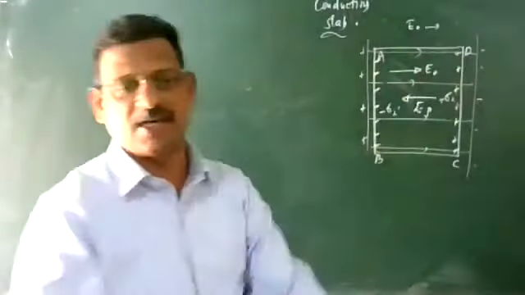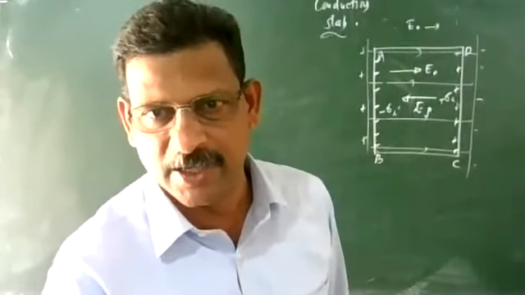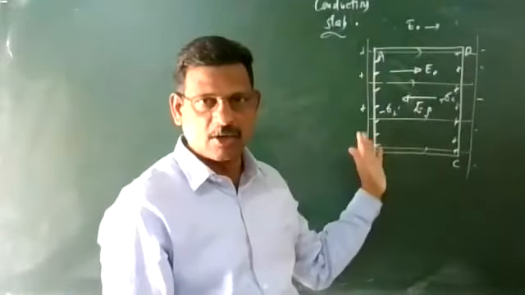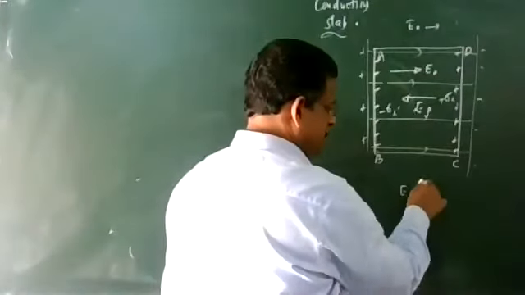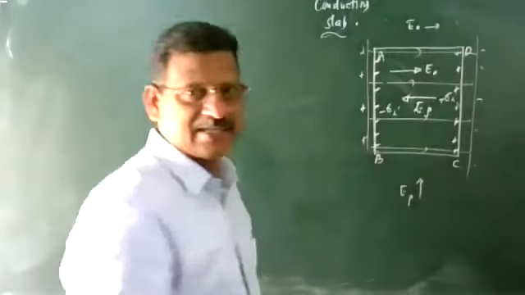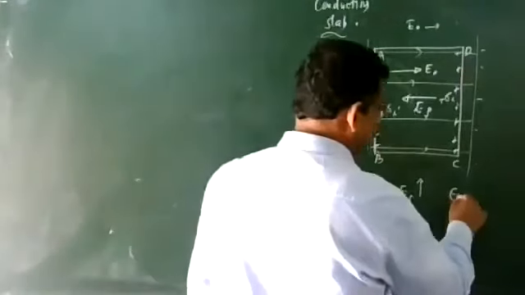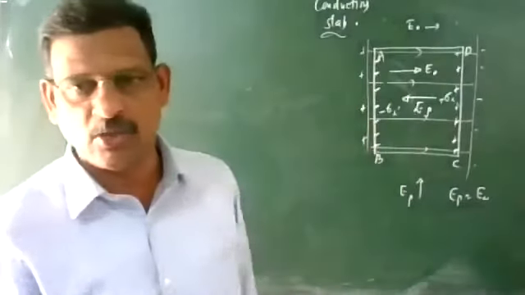So two electric fields are there inside, E naught and EP. But EP has a speciality. As the electric field pulls more and more electrons to this side, the polarized electric field will increase and increase, and within a fraction of a second it will be equal to the outside electric field.